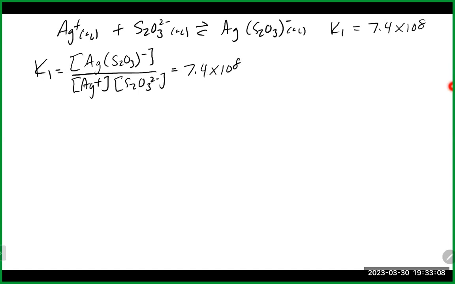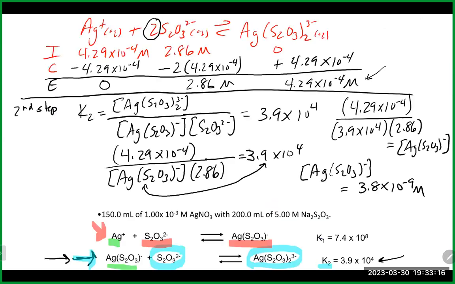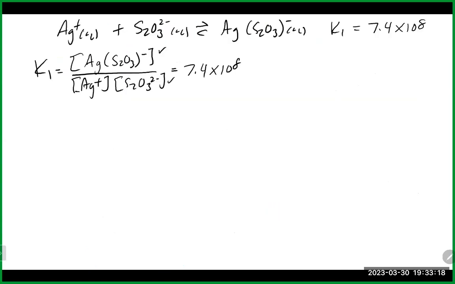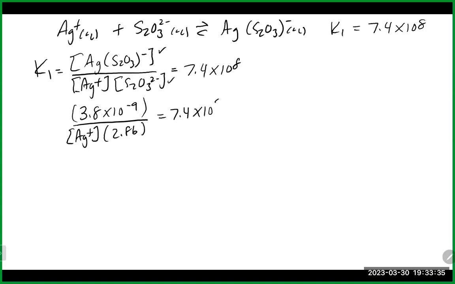Once again, from our previous table and the one before that, we really have both of those numbers. So that number that we just figured out was 3.8 times 10 to the minus 9, divided by the silver concentration, which is what we are looking for, and this guy, I believe, is still 2.86, equals 7.4 times 10 to the 8.